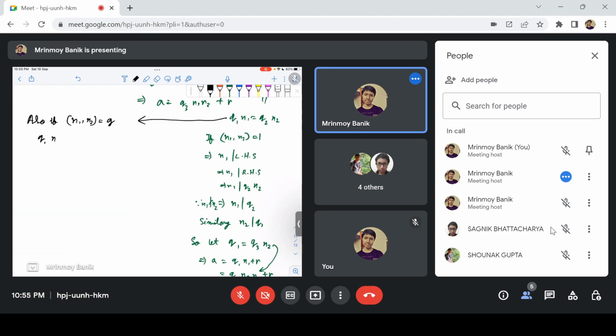So then we have Q1 by N1 dash and Q2 by N2 dash, where Ni dash is Ni by G. And since G is gone, the GCD of N1 dash and N2 dash is 1, from the fact that if a and b have a GCD of m, then a by m and b by m have a GCD of 1.